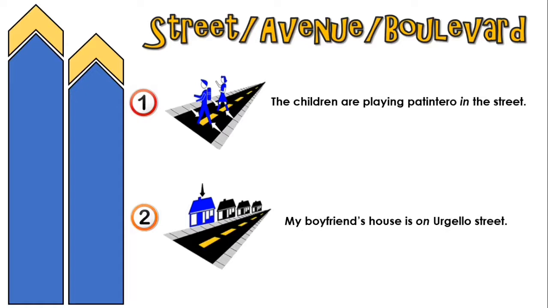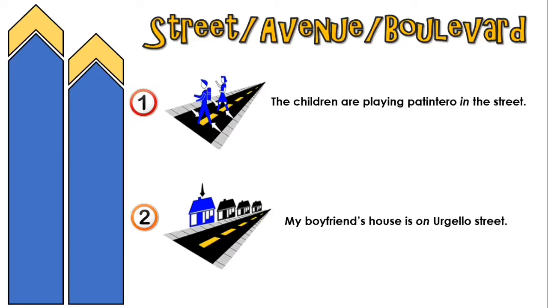But why do we use the preposition in? In this case, we use the preposition in because the street is enclosed by 2 sidewalks, right and left sidewalks. So if they are in the middle, we use the preposition in.